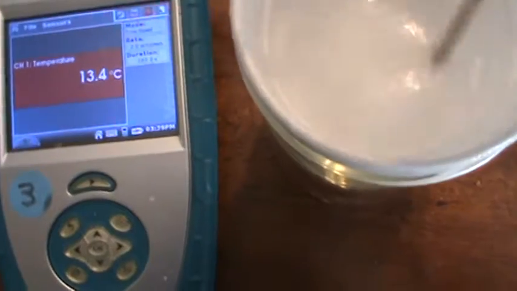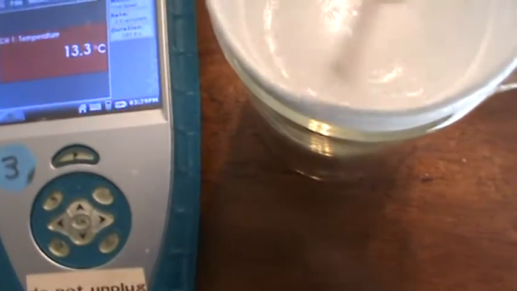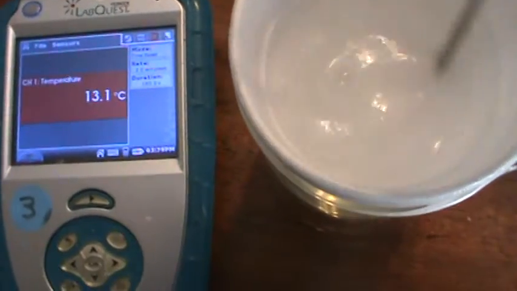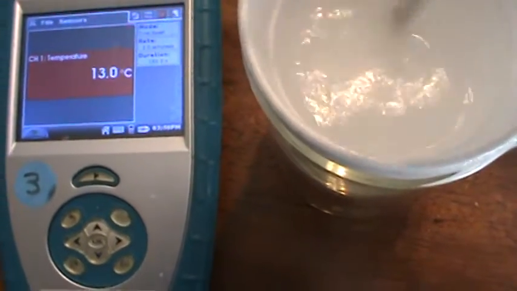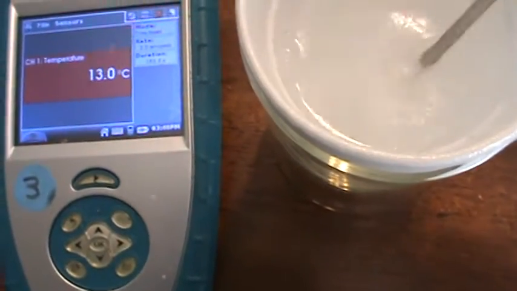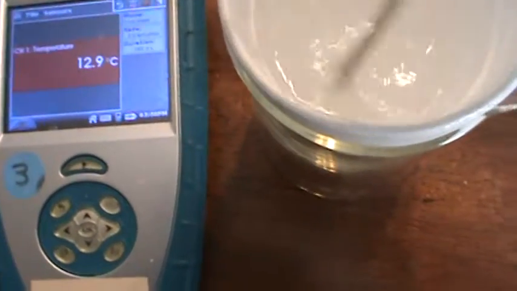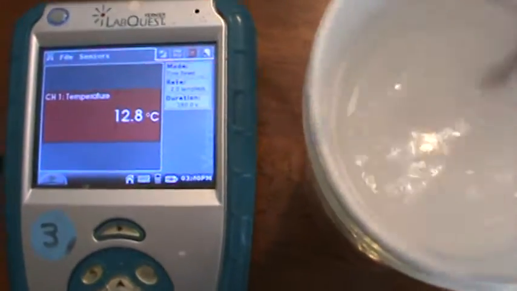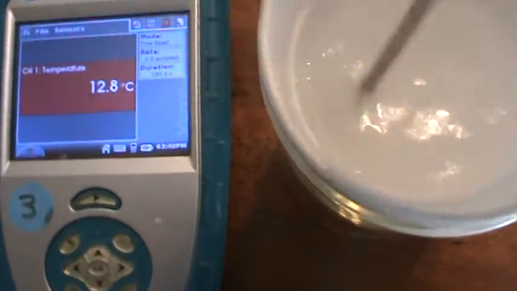Okay, and now we're going to let this continue until the reaction has finished altogether and our temperature has stabilized.